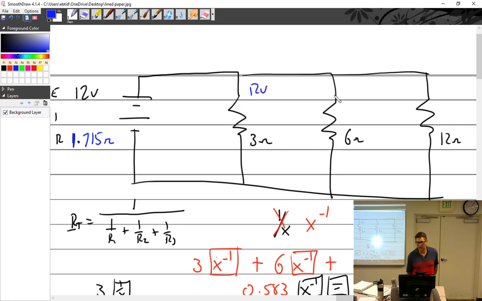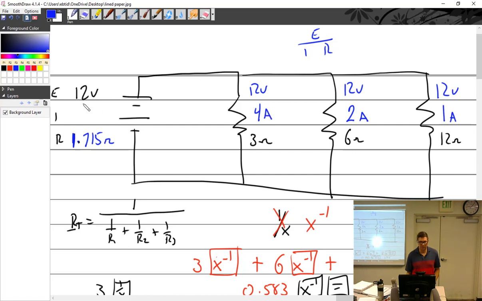So 12 volts, 12 volts, and 12 volts. So now we just have to solve for I. We use Ohm's law, where I equals E divided by R. So 12 divided by 12 is 1 amp. 12 divided by 6, 2 amps. 12 divided by 3, 4 amps.